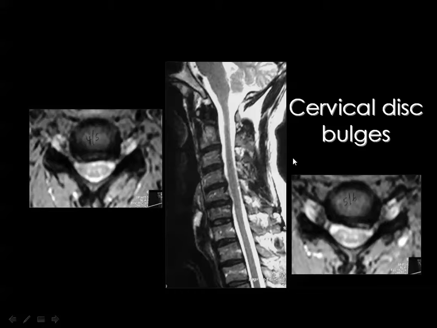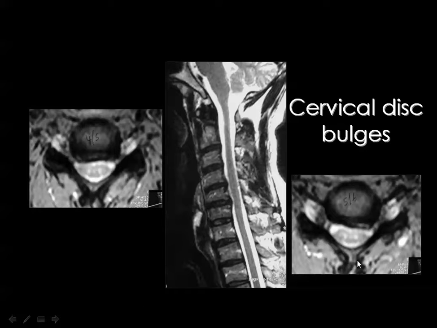In the cervical spine, and this is C2, 3, 4, 5, 6. C4-5 and C5-6 are extending slightly inside the spinal canal. At C4-5, you can see the edge of the disc is diffusely bulging from left to right, and this is disc bulge.